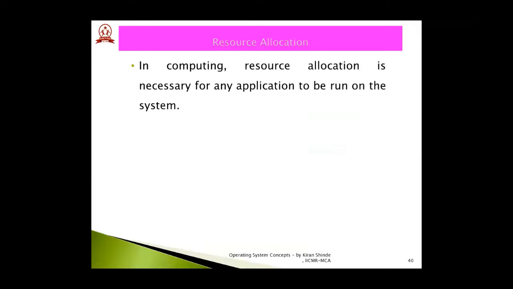First of all, let us try to understand what is resource allocation. In computing, the resource allocation is necessary for any application to be run or to be executed on the system. Essentially, when the user opens any program, this will be counted as a process. A running program is always called a process. Therefore, it requires the computer to allocate certain resources for it to be able to run with the CPU.